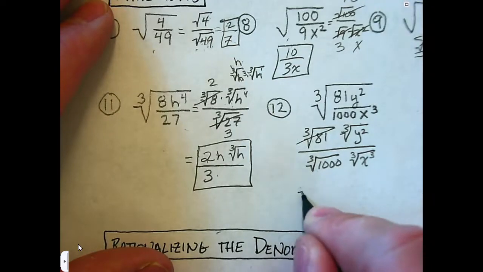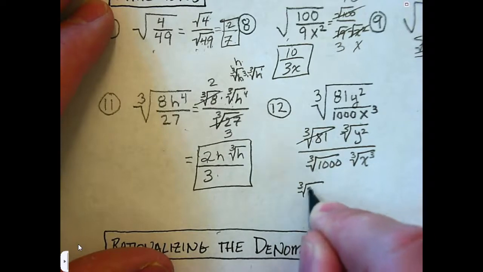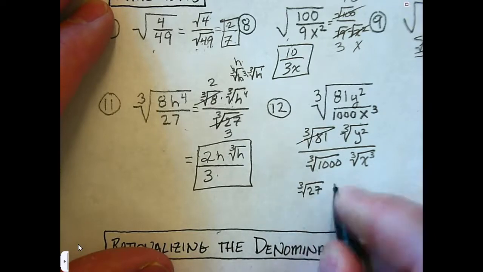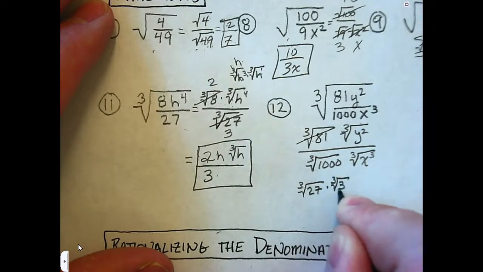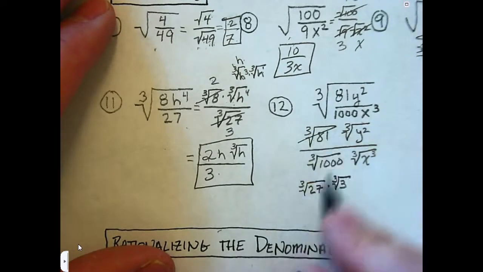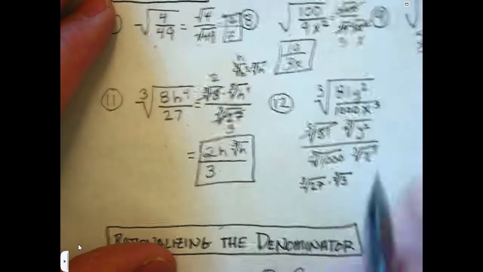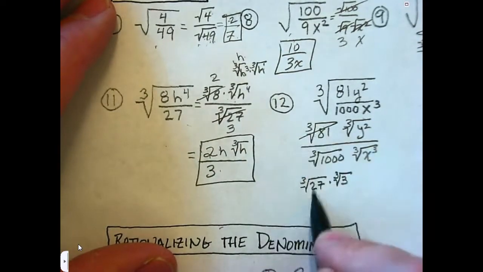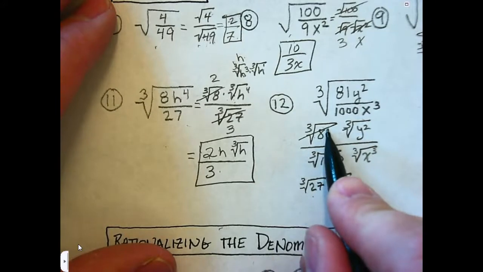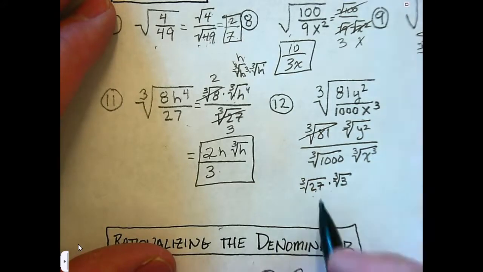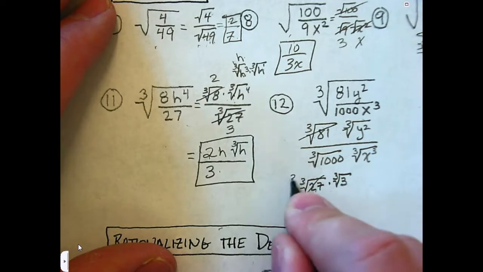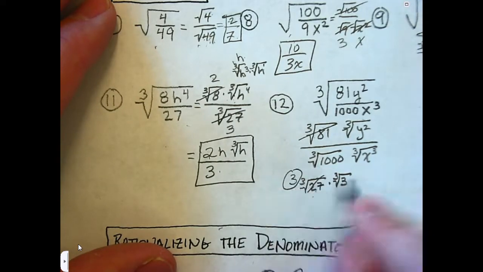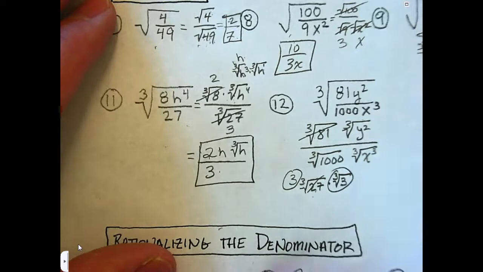We've got to break that part down to cubed root of 27 times 3. So 81 is 27 by 3, and 27 is a perfect cube. It becomes 3. Okay, so we're done with that piece.